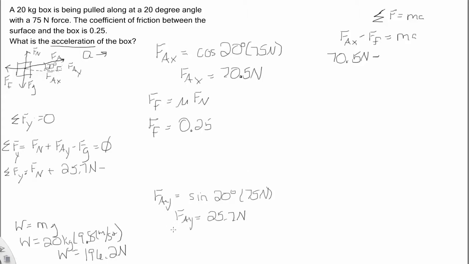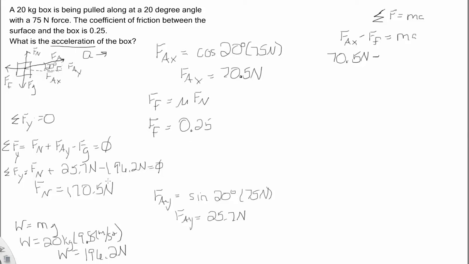So minus the weight, 196.2 newtons, and all that's equal to 0. To get FN by itself, I'm going to add 196.2 newtons to both sides and subtract 25.7 newtons from both sides, and for normal force, I end up getting 170.5 newtons.